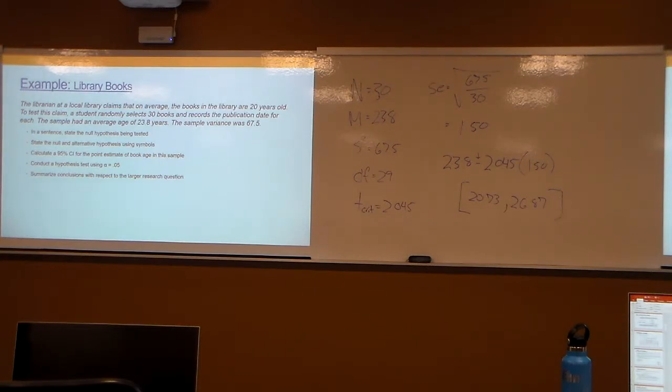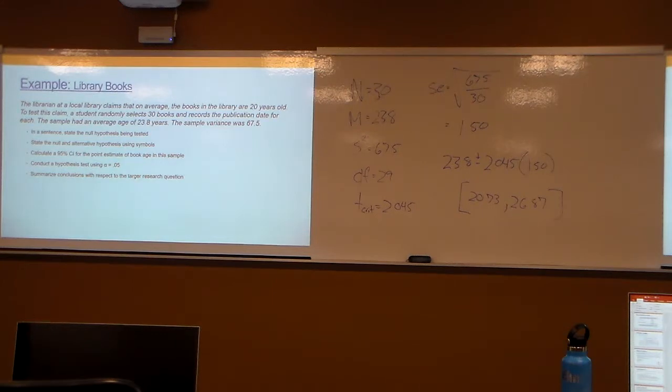So if we were to randomly sample 30 books from this library, and calculate a confidence interval from all possible samples of 30 books that could be drawn from this library, 95% of those intervals would actually contain the true population parameter, or the true average age of the books in the library, right?